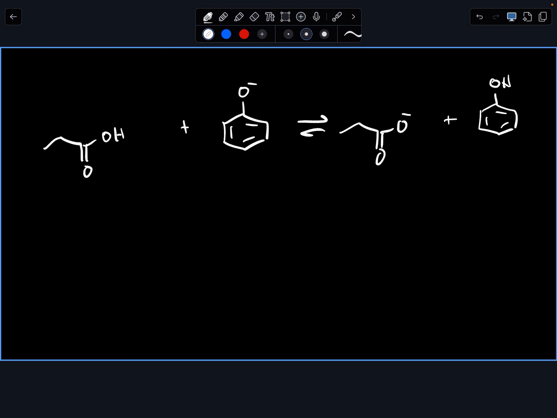Okay, so here we have an acid-base equilibrium. An atom moved, an H plus moved from one to the other. We have, therefore, an equilibrium arrow, not a resonance.